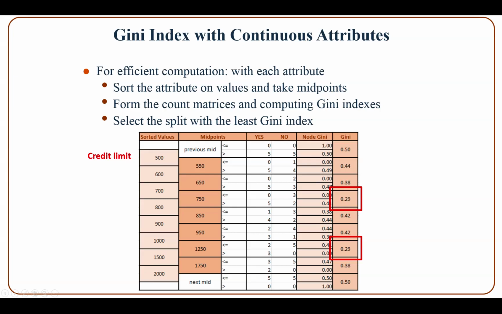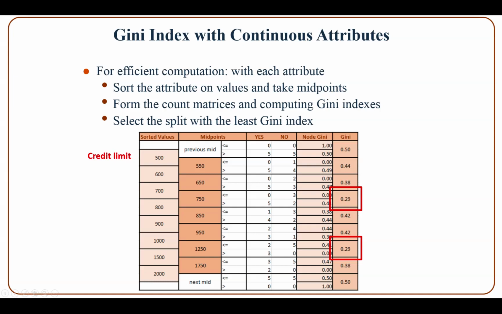And then compute the Gini index of the node on the left and the node on the right, and do this for every midpoint. And then from there, calculate the Gini index of the split. Select the split with the least Gini index.